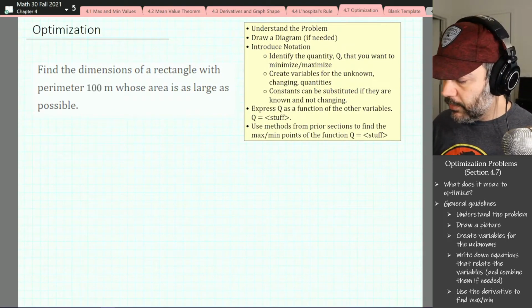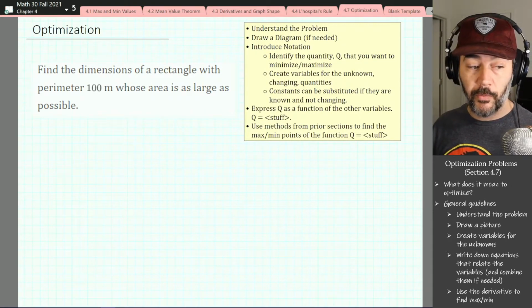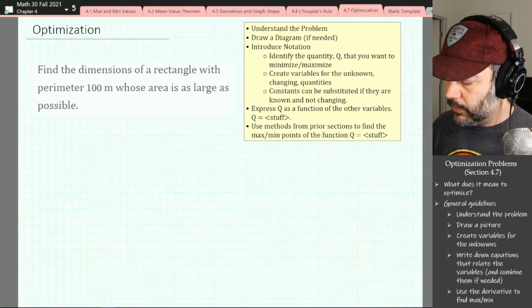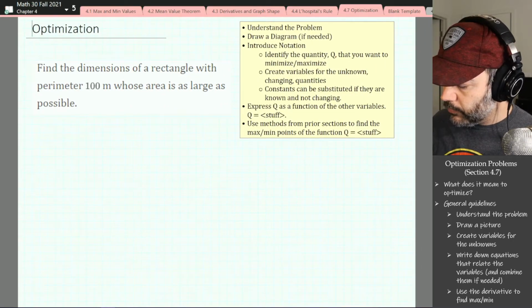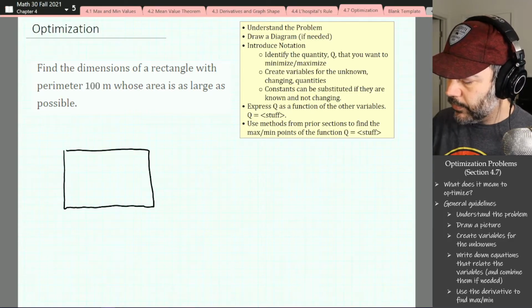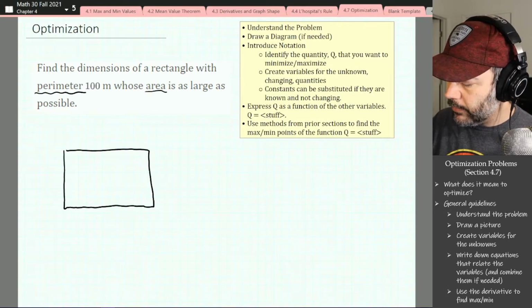Okay, so find the dimensions of a rectangle with perimeter 100 meters whose area is as large as possible. So we want to find the dimensions of a rectangle. I'm just going to draw a picture. They mentioned perimeter and they mentioned area.